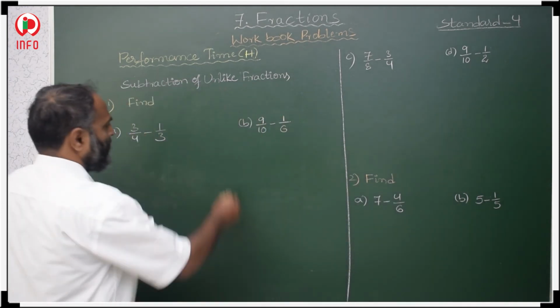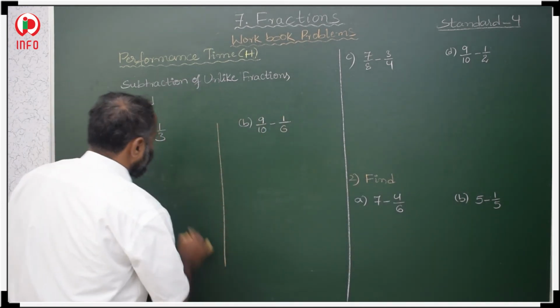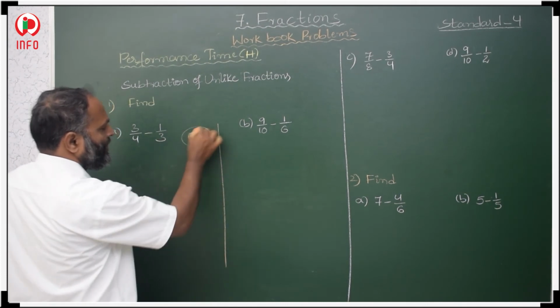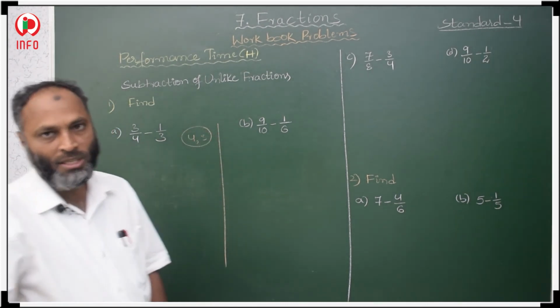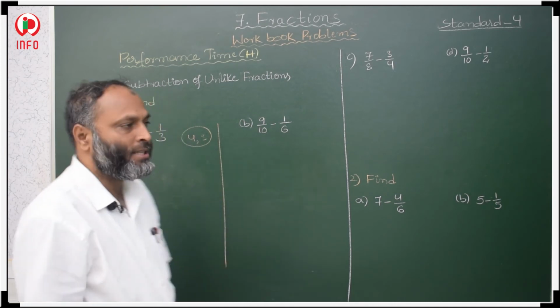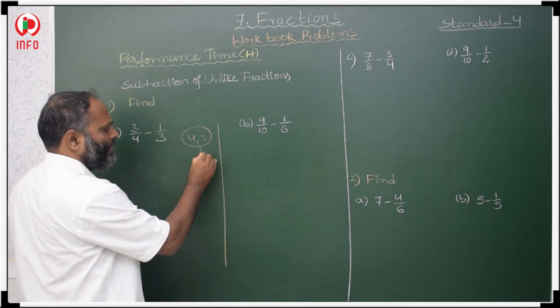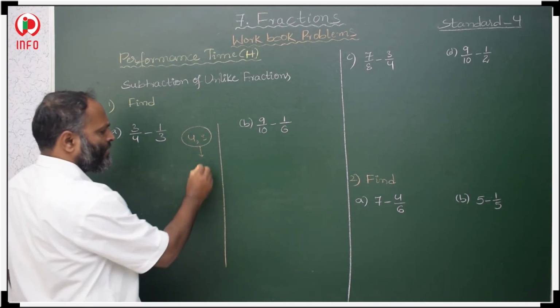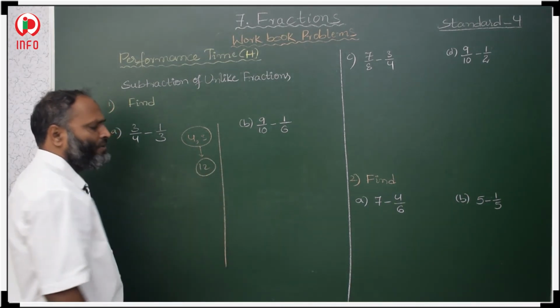See here, in the first question, 4 and 3. These two are consecutive numbers. So what is the LCM when consecutive numbers are given? We just multiply, find the product of these two. 4 3s are 12. 12 is the LCM.